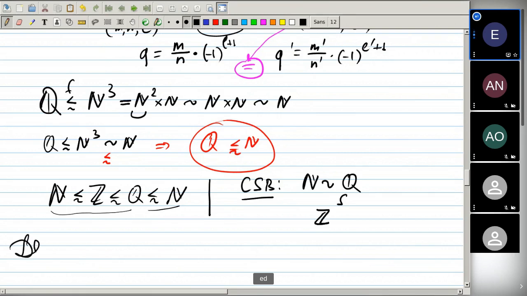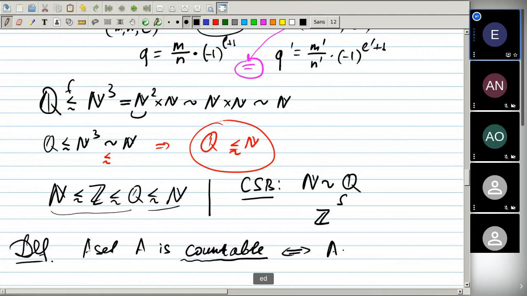And now let's introduce some terminology. We say that a set A is called countable, from the word count, to count something. A is countable means that A is equivalent to the set of all naturals.